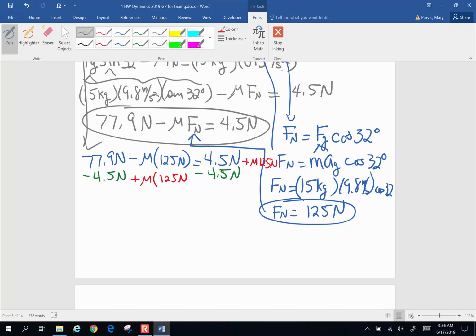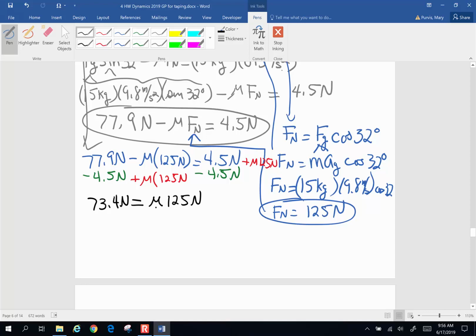What that's going to end up with is, grab a calculator, 77.9 minus 4.5. On this side, I'm going to end up with 73.4 newtons equals mu times 125 newtons.